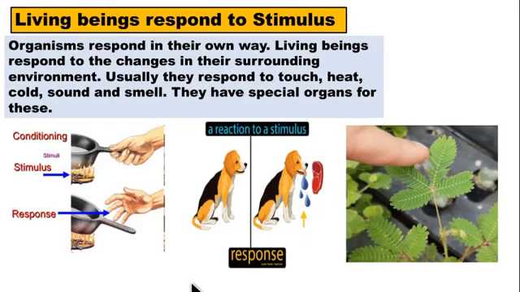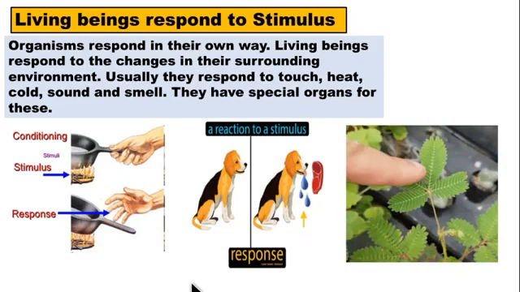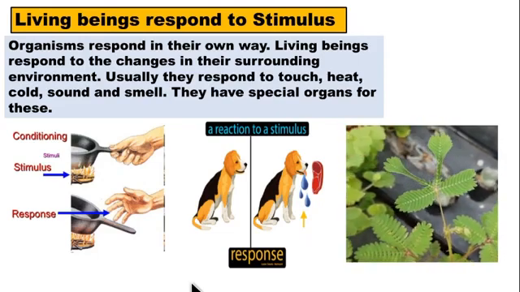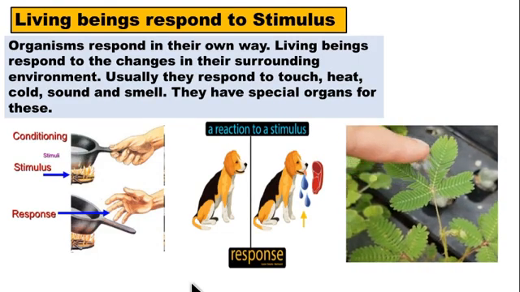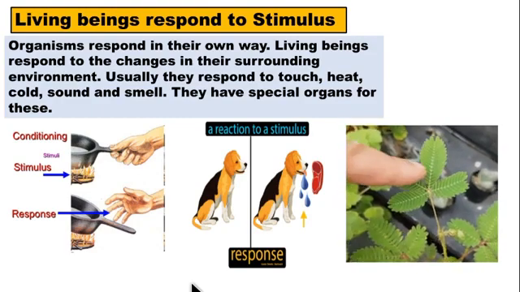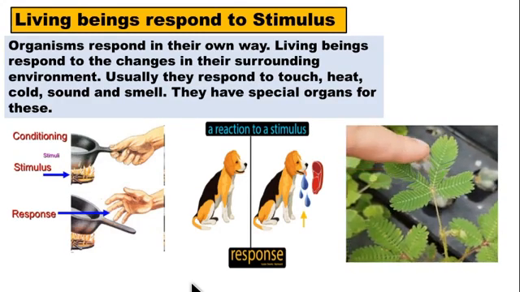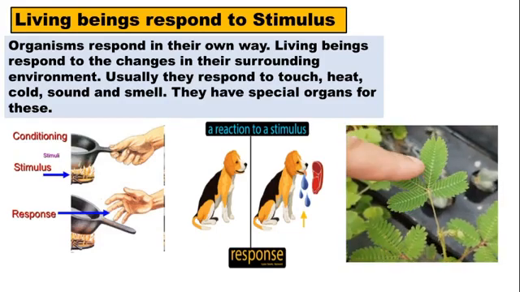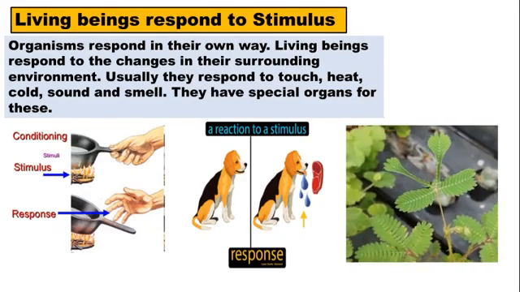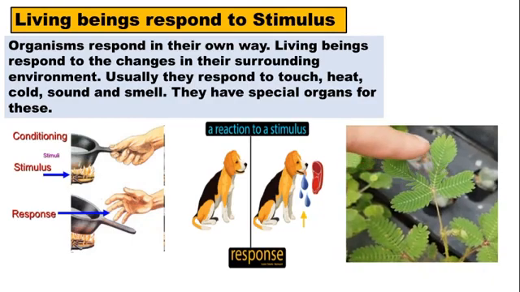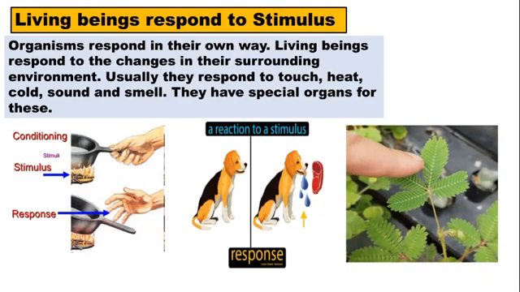So the next is living beings respond to stimulus. What is this? Organisms respond in their own way. Living beings respond to the changes in their surrounding environment. Usually they respond to touch, heat, cold, sound and smell.